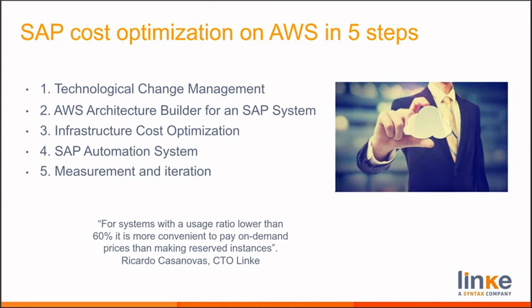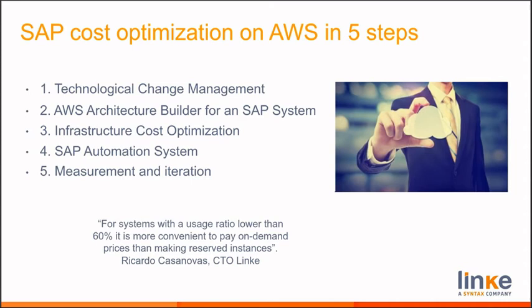As Ricardo Casanovas, our CTO, sometimes says as an example, for systems with a usage ratio lower than 60%, it is sometimes more convenient to pay on-demand prices than to buy reserved instances. So this is where our expertise can help you really choose the right level of infrastructure you need.